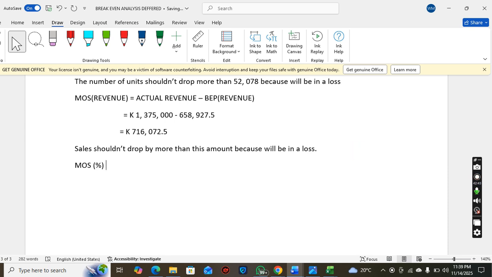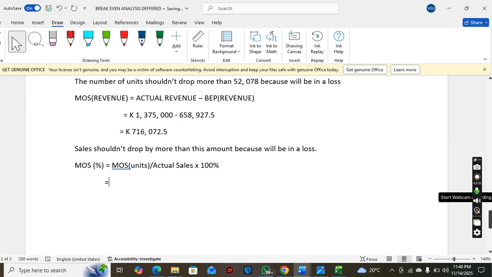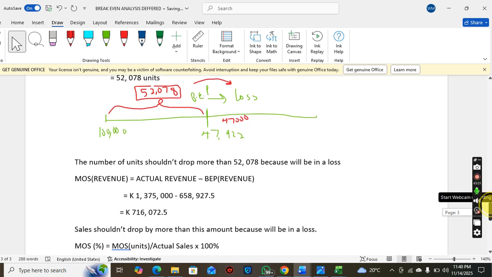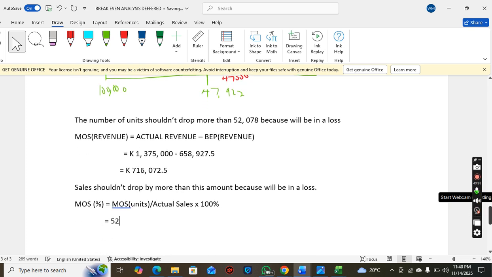So it's your margin of safety in units divided by actual sales, times 100%. So margin of safety in units, 52,078.